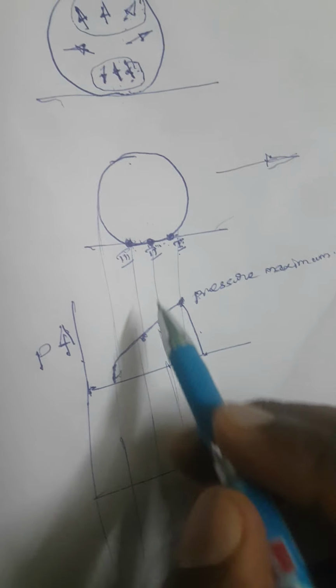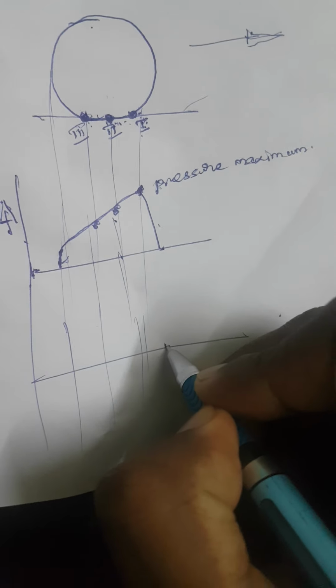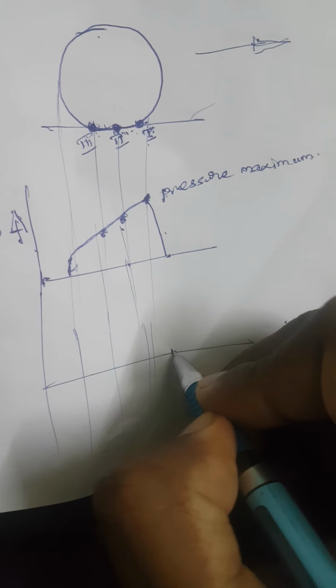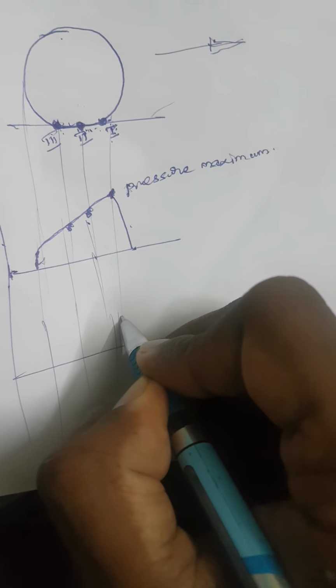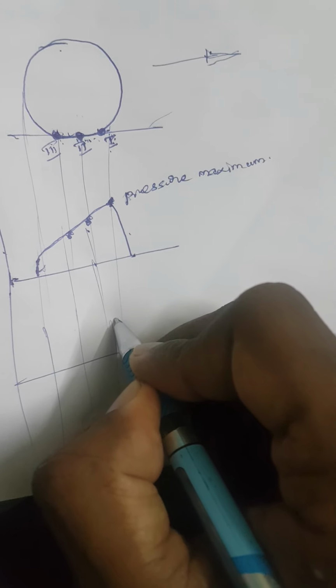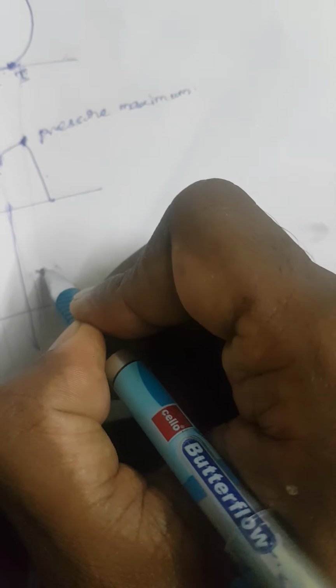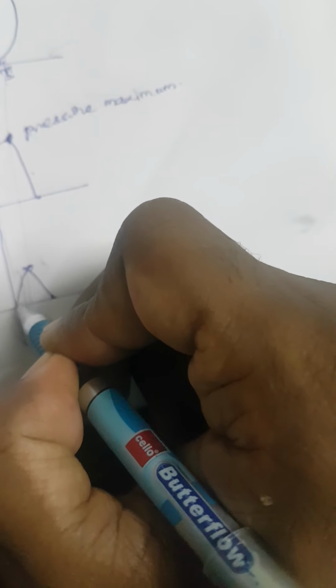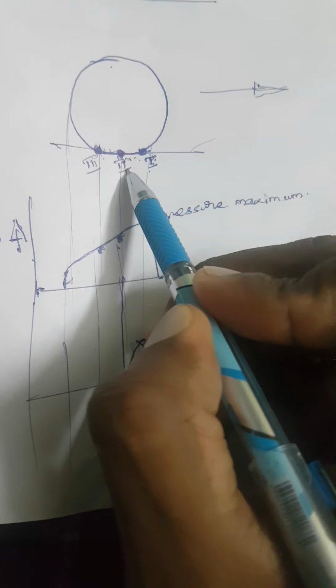So at this point, it may be braking force or tractive force, whatever it may be, the force will be maximum, and then come again to zero.